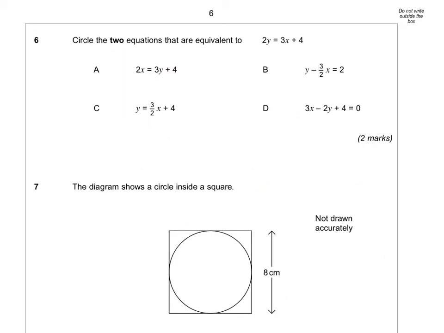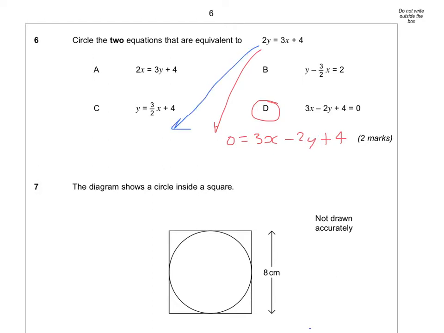Question 6. Circle the 2 equations that are equivalent to 2y equals 3x plus 4. Now, if we start with 2y equals 3x plus 4, if we subtract the 2y, we'll get 0 equals 3x minus 2y plus 4, which is the same as D, so that gives us one option.